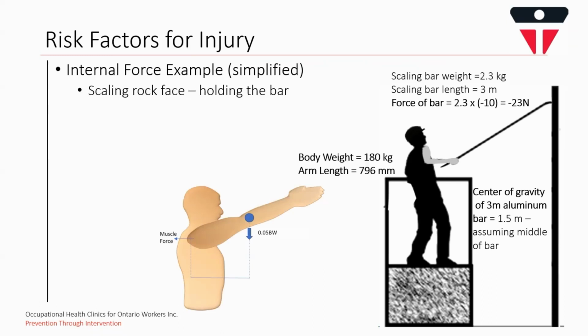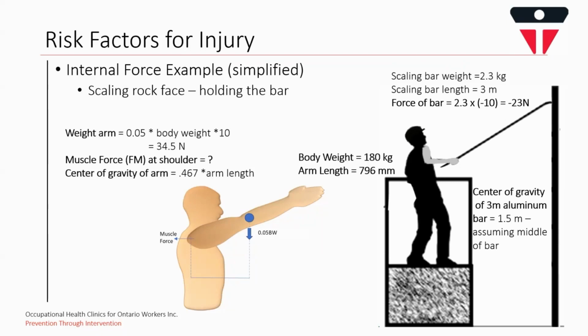In this example, the subject's going to weigh 180 kilograms, and they have an arm length of 796 millimeters. Using data provided from Winter from 1991, we're able to actually determine the weight of the arm and also the muscle force. We needed to calculate the muscle force at the shoulder, and we can also determine the center of gravity for the arm.